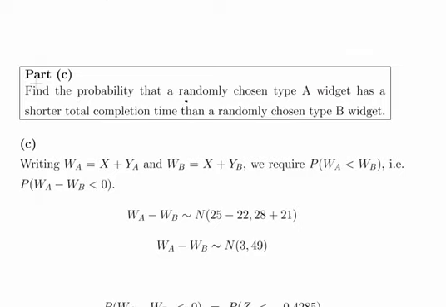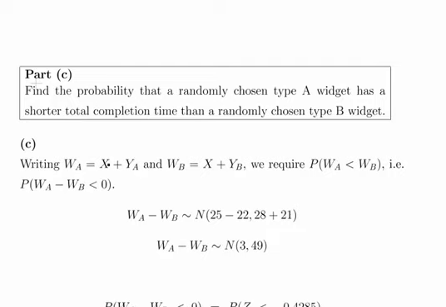Find the probability that a randomly chosen type A widget has a shorter completion time when compared to a randomly chosen type B widget. Okay, so this is the same question again, but we're not assuming that they both had the same preparation time at the start.